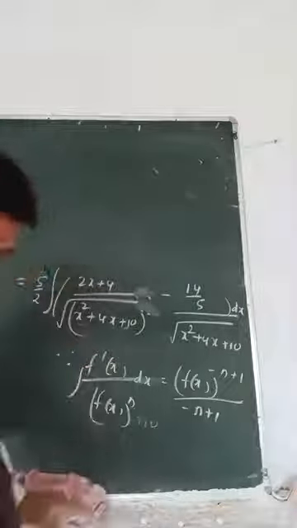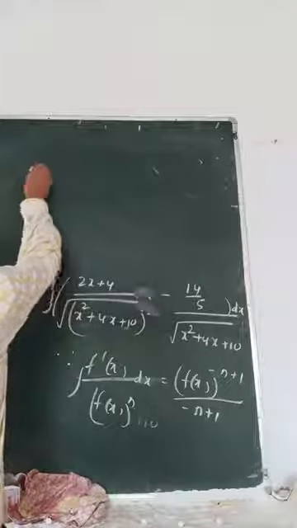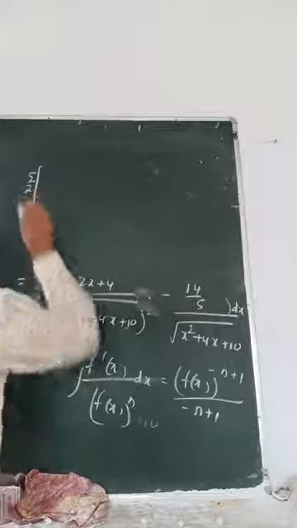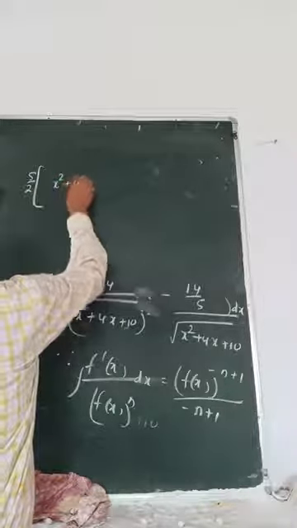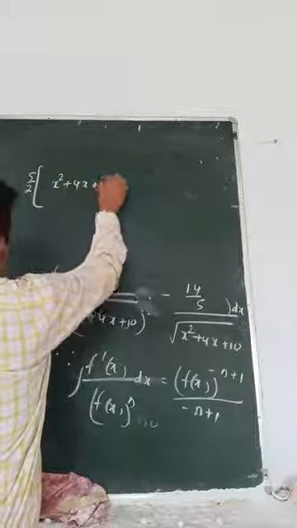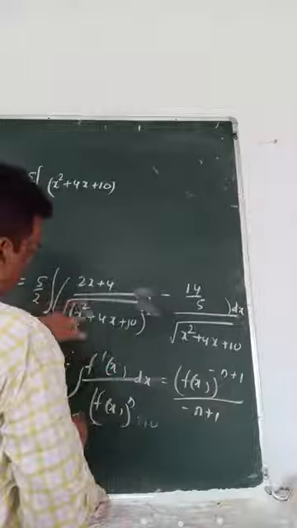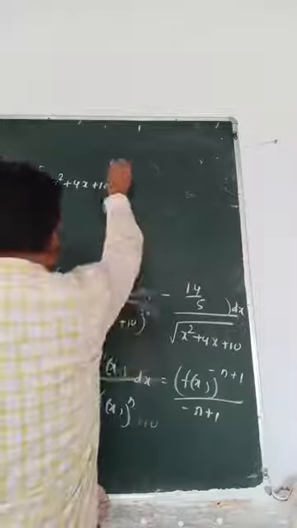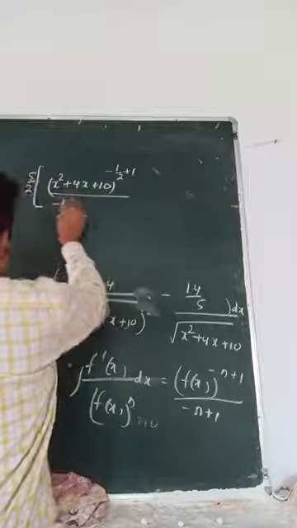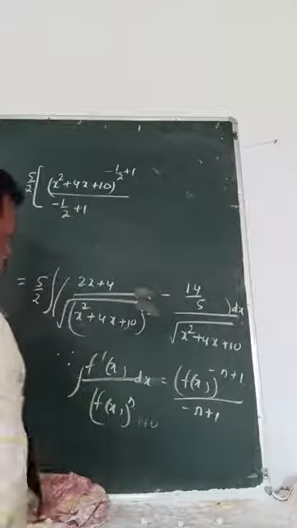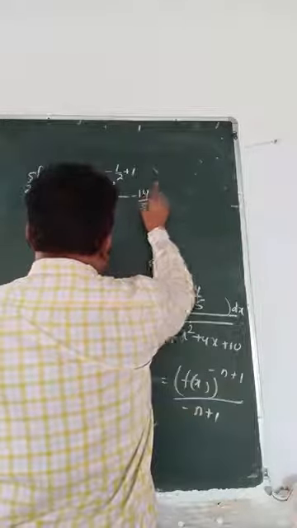So I will get 5 by 2 times x square plus 4x plus 10, because its exact derivative you have created here, to the power minus half plus 1. Minus 15 by 5.